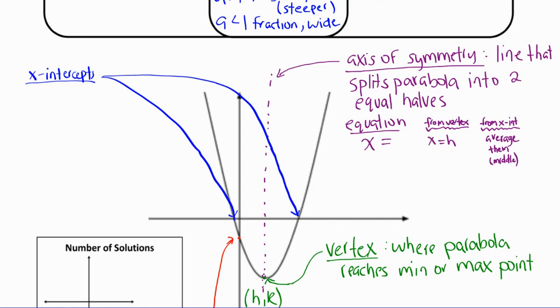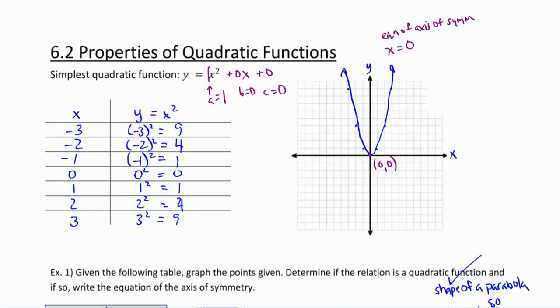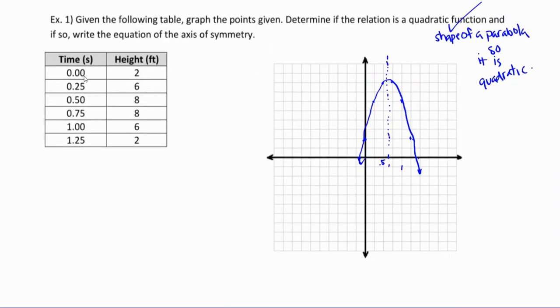For example, 0 and 1.25 are both at the height of 2. 0.25 and 1 are both at the height of 6. So I can take these 2 points and find the average, and that'll give me my equation of the axis of symmetry. As long as they're at the same height, I can take my x values and average them.